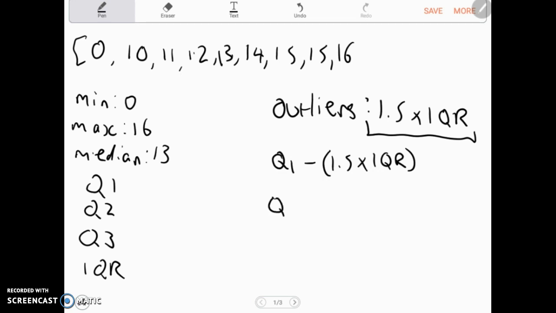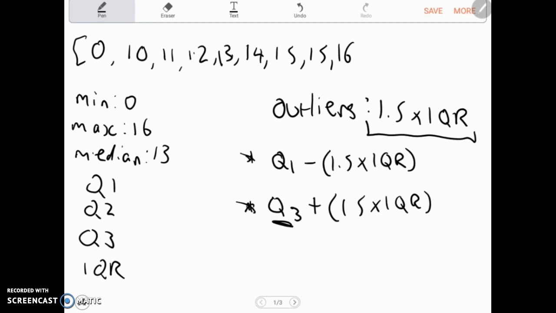And Q3 plus 1.5 times IQR. Okay? So this is saying that any value that's 1.5 times the interquartile range less than the first quartile is an outlier. It is unusually small. And any value that's 1.5 times IQR higher than Q3 is unusually big.